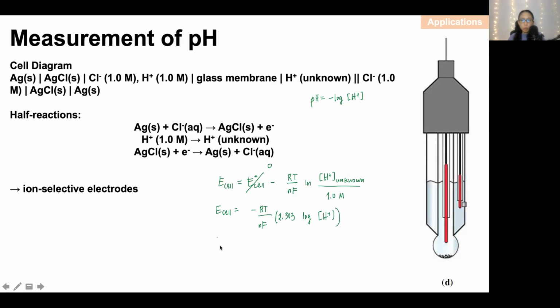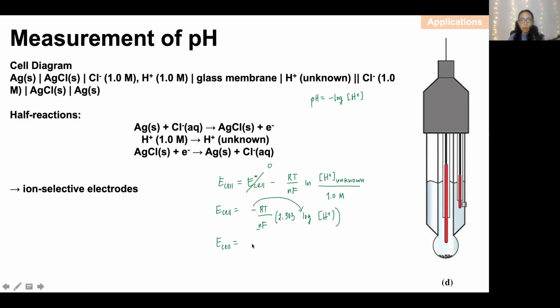Okay, so to simplify the formula, we can plug in the values of the constants, and your electron number is 1. So that's negative 8. Actually, I would like to place the negative sign here.